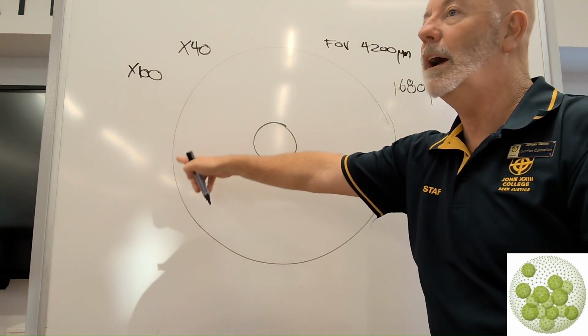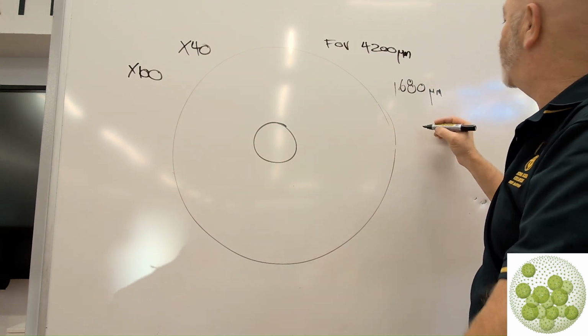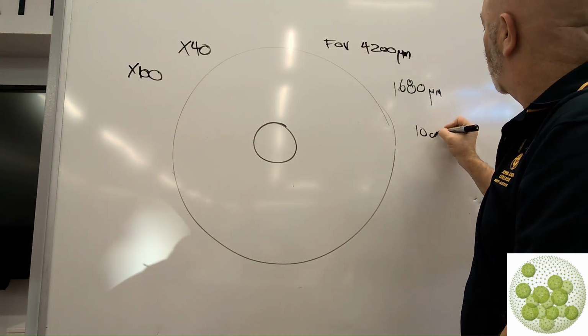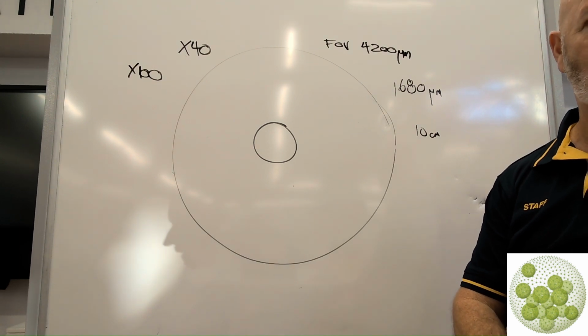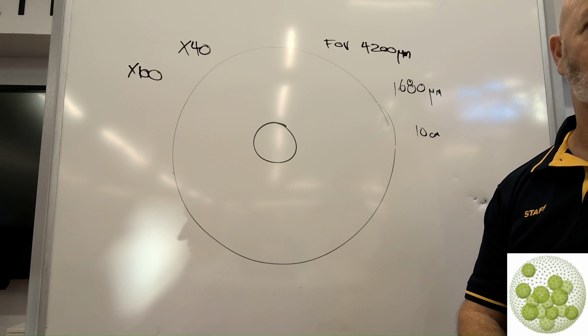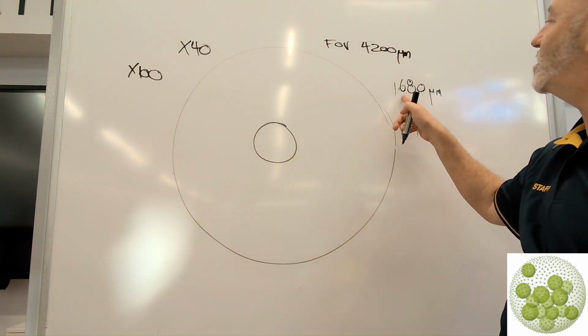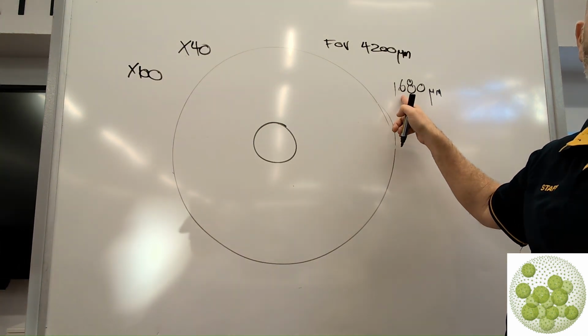If I measured on a diagram the distance from this side to this side and it was 10 centimeters, what does that 10 centimeters represent? It represents the field of view, which we now know is 1680 micrometers.